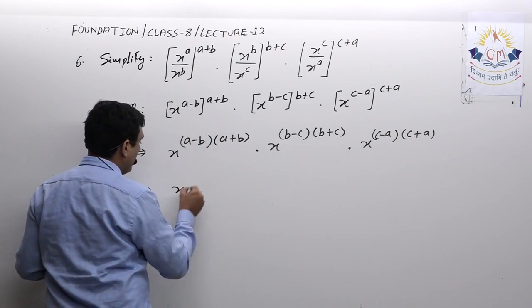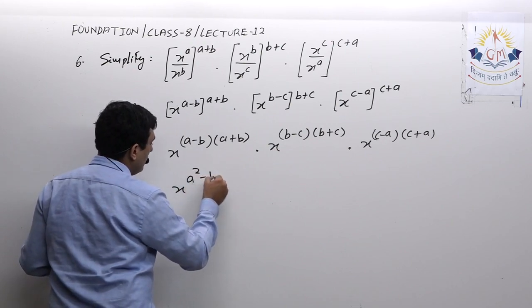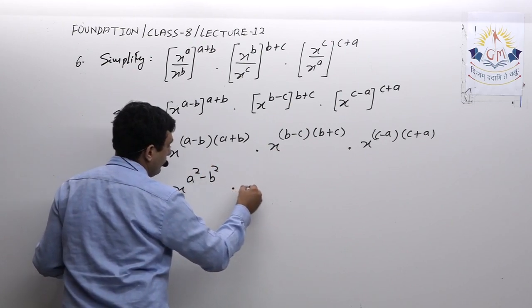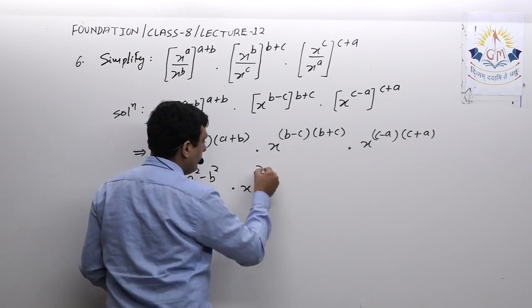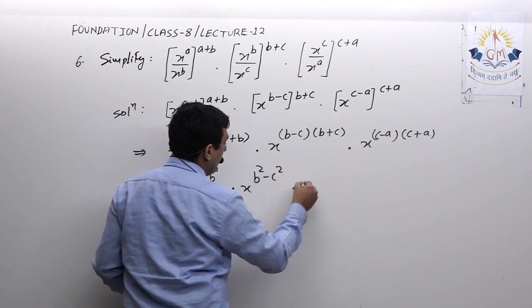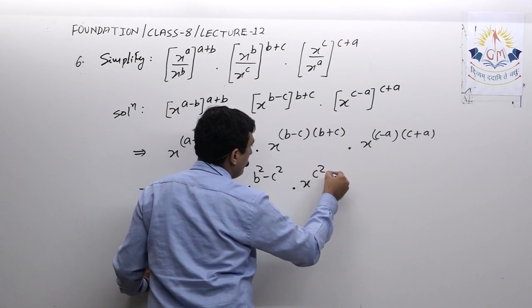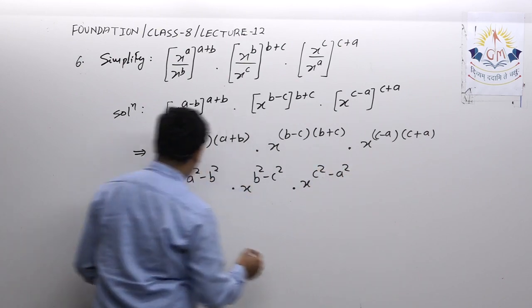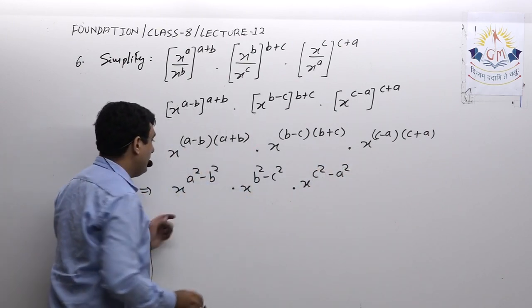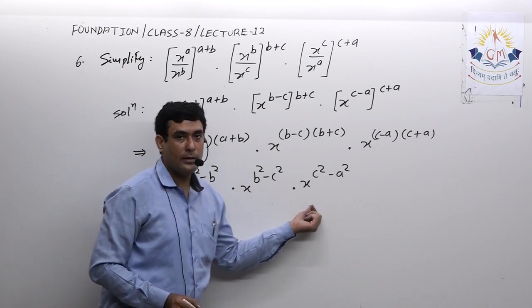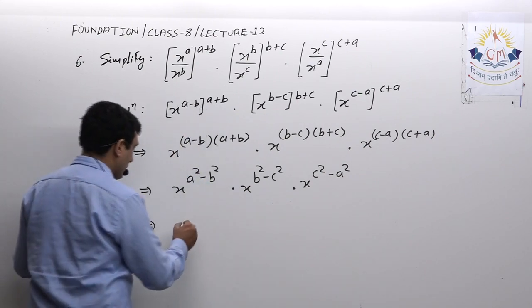So this will become x raised to a square minus b square into x raised to b square minus c square into x raised to c square minus a square. Now ultimately here I can see the bases are same, so I can add the powers.